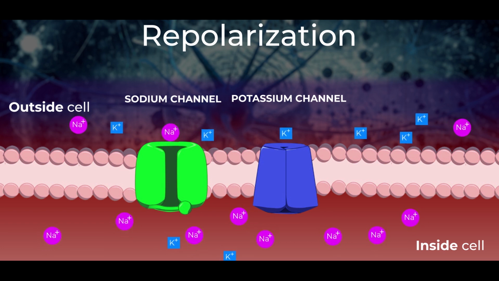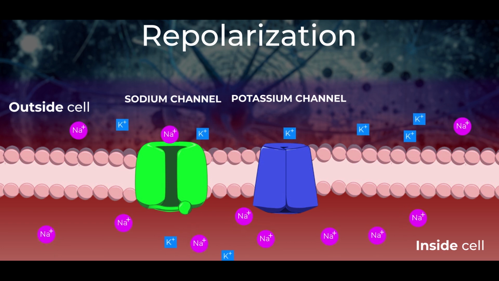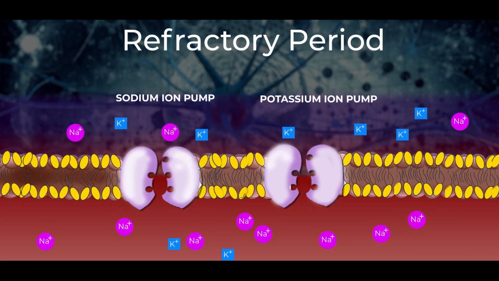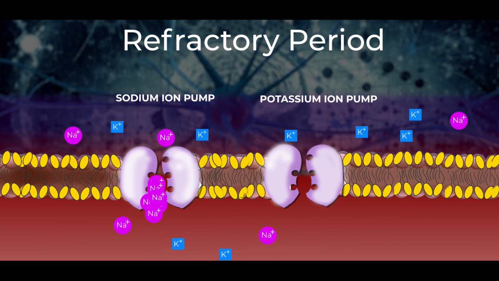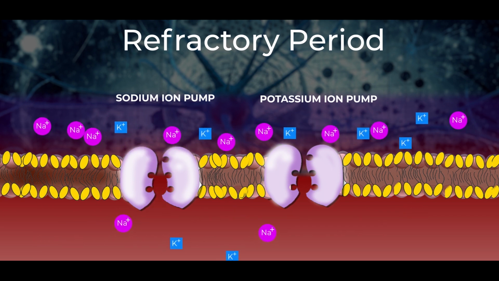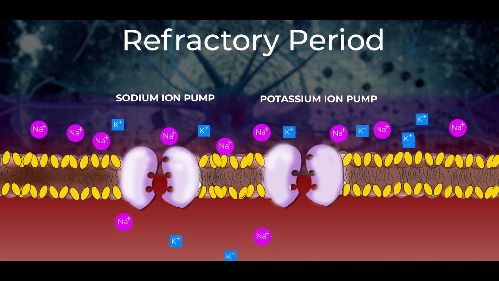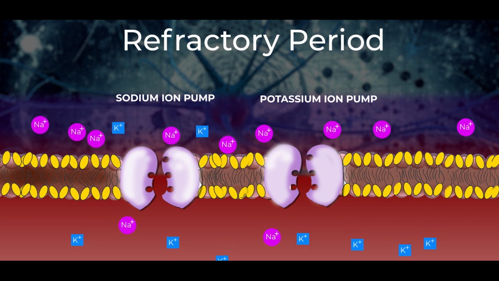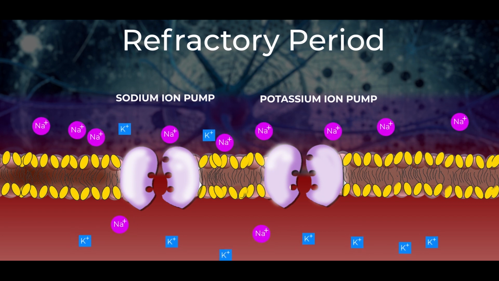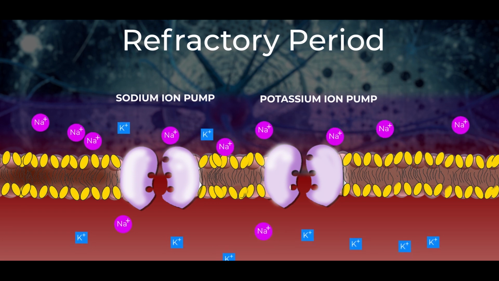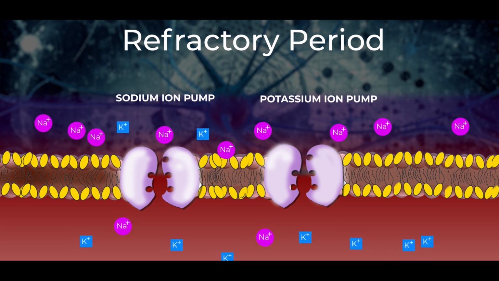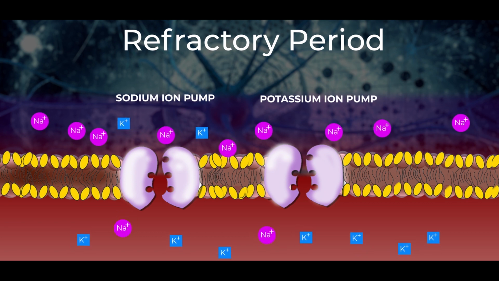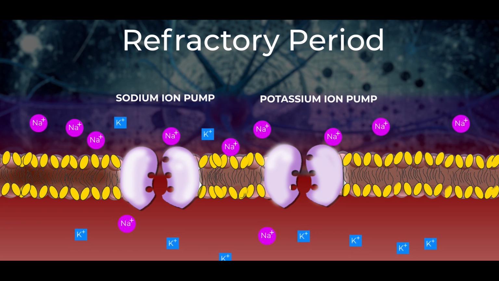After repolarization, a short period called the refractory period is reached, where sodium ions are pumped out from inside the exoplasm to the outside, and potassium ions from outside the cell to the exoplasm through the sodium-potassium pump, which restores the original charges, that is, positive on the outside of the cell and negative on the inside.